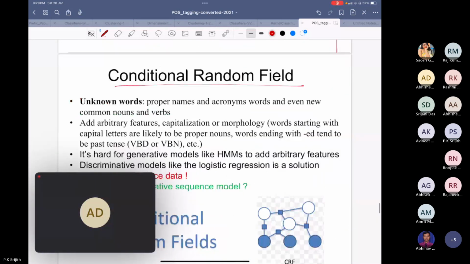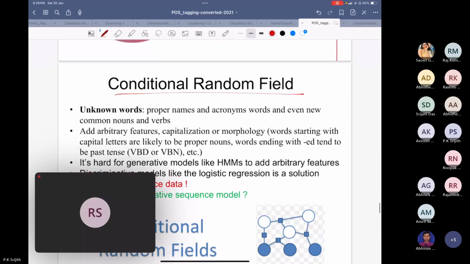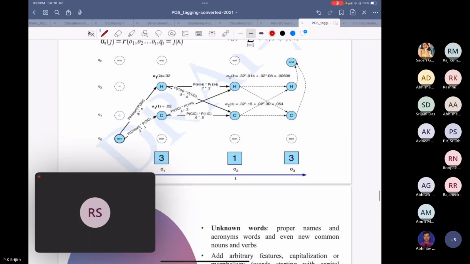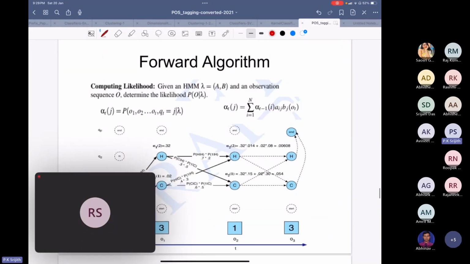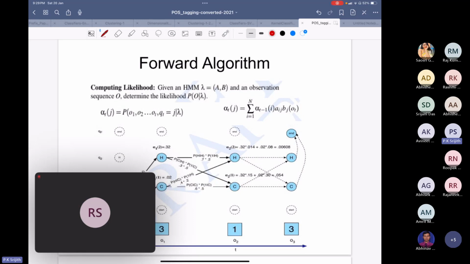Sir, can you also share about quizzes and assignments? You can check with Professor Maunendra. Following what we did last time, there will be a few quizzes, and you can check with Professor Maunendra in the next class. Sure, sir. Thank you.